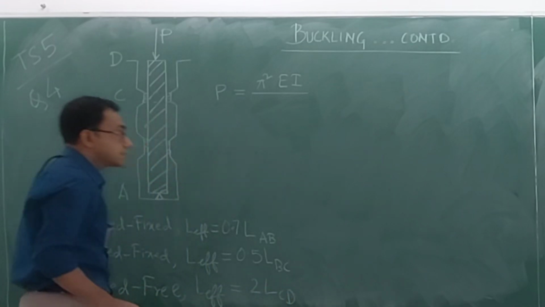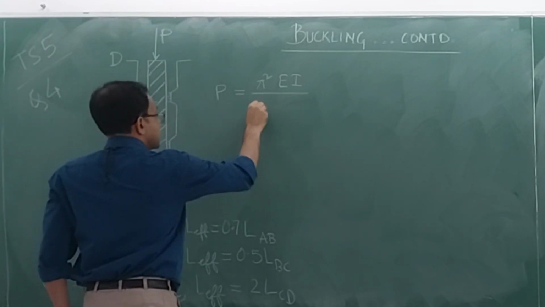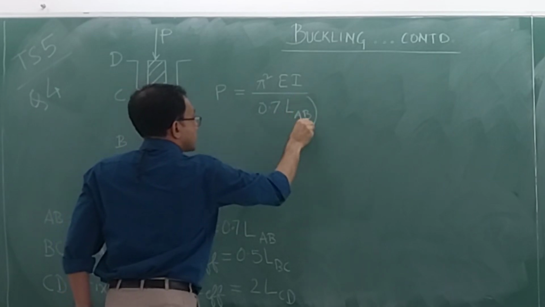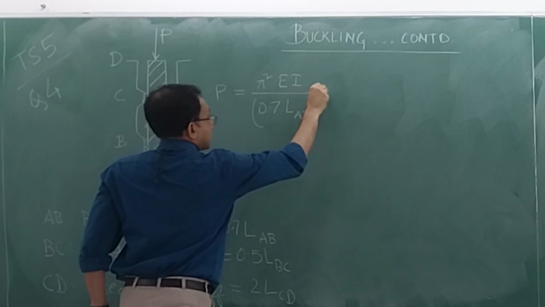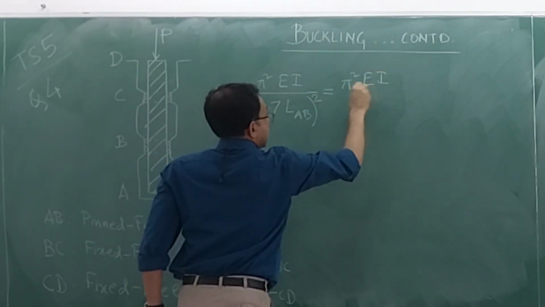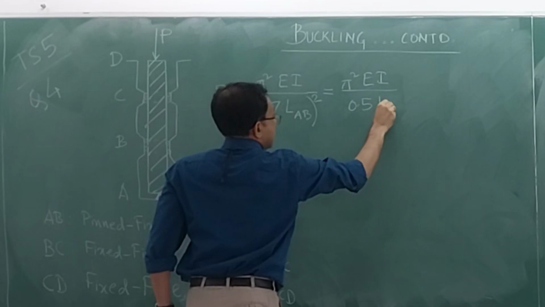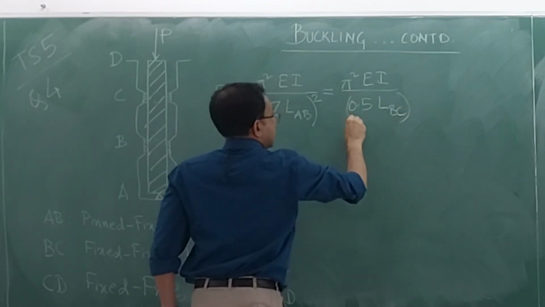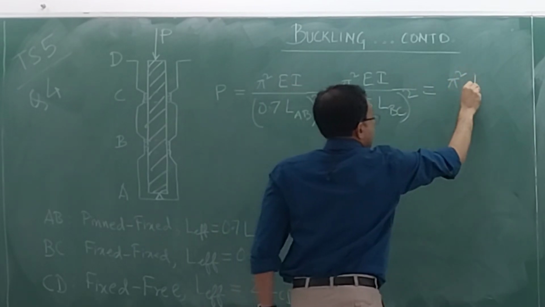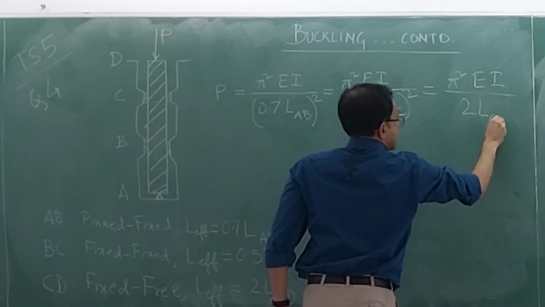So it will be twice LCD. That's it. All that we have to do here is write this as 0.7 LAB whole square, this is equal to pi square EI divided by 0.5 LBC whole square, and this is equal to pi square EI divided by twice LCD whole square.